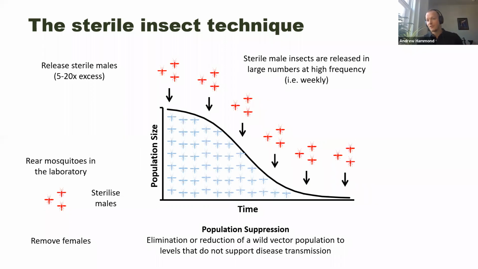The strategy can be incredibly effective, but it relies on a large number of insects being reared and released, sterilized and fit, and actively mating with that population in the wild each generation. It's a long-term strategy, and it's quite an expensive strategy depending on the species and depending on the situation.